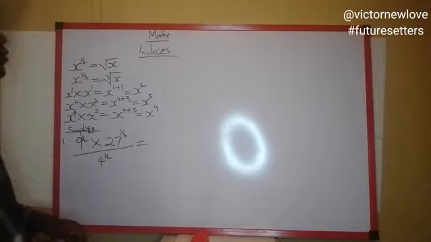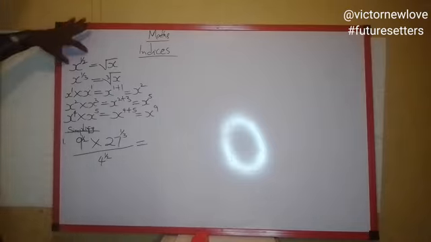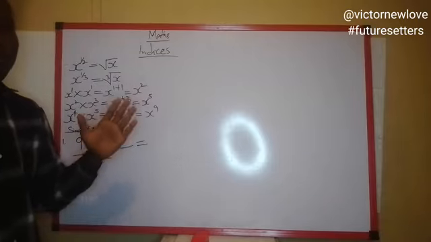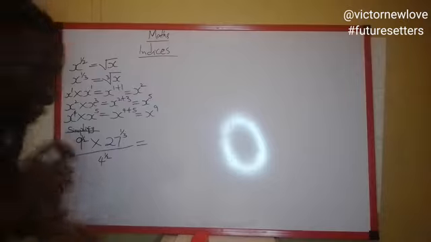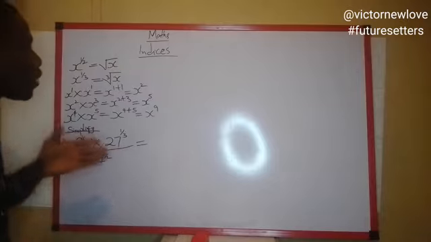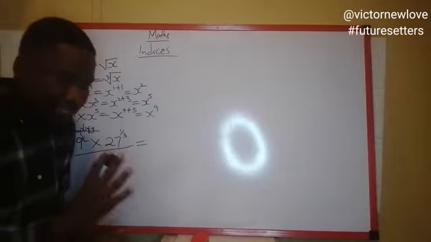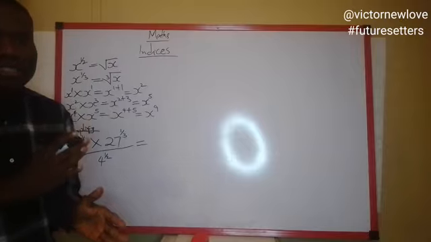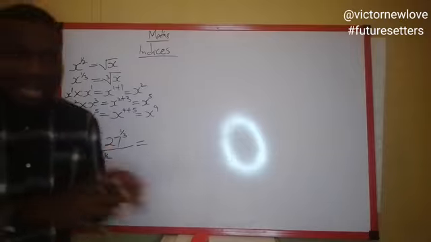Now, for this kind of question, it takes us back to what we have here. X raised to power half is equal to the square root of x. So if we can get the square root of x, that means it is x raised to power half.